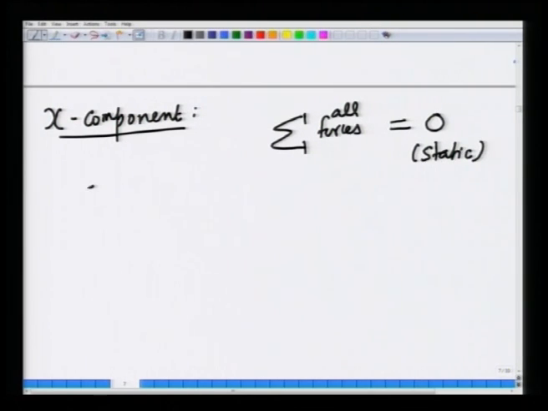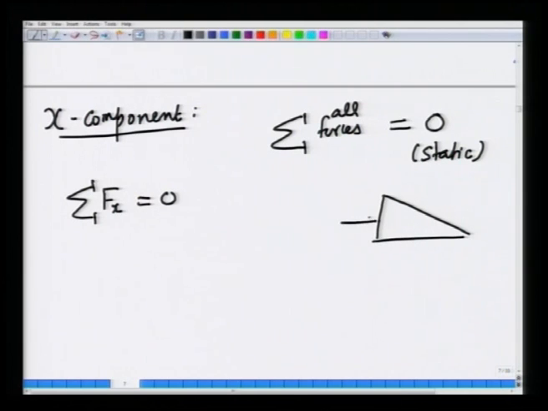So the sum of all the x forces must be 0 if you are worrying about the x component. So this is the wedge; along this direction, this is plus x, this is y.